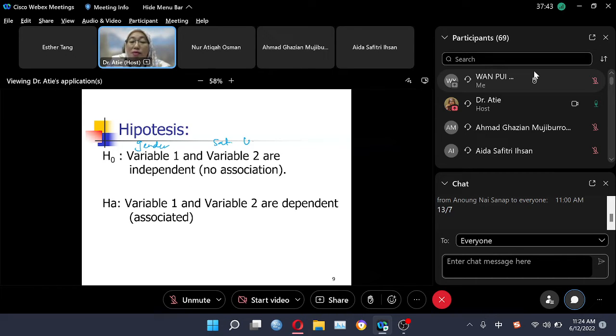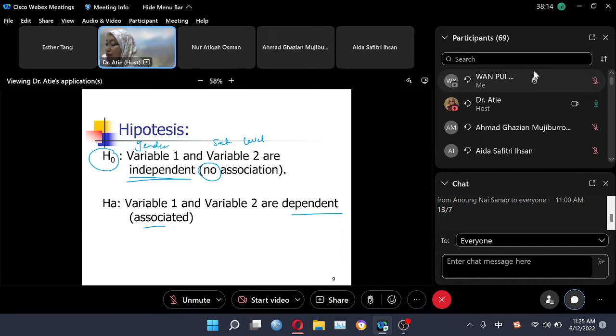So your H naught should be independent. Independent means no association or no relationship. So what does it mean? It means that variable 1 and variable 2 are independent. And then HA, variable 1 and variable 2 are dependent, to say that there is an association between variable 1 and variable 2. Okay.